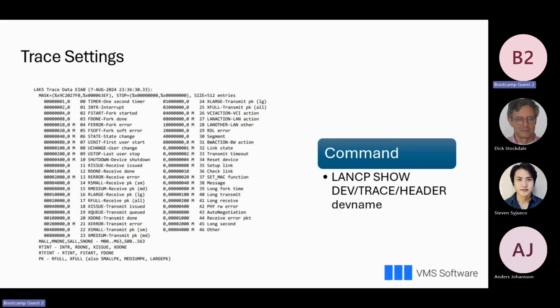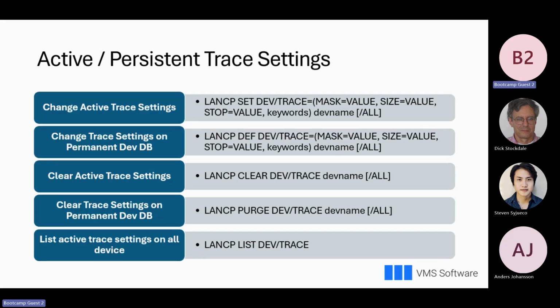The document has a full list of the supported keywords, or just use help. For the mask, I would just show how you set it up later, the exact value that you have to input. But let's proceed with just this for the moment.